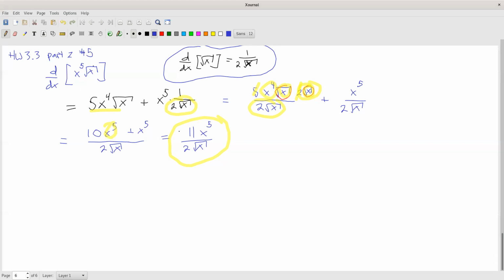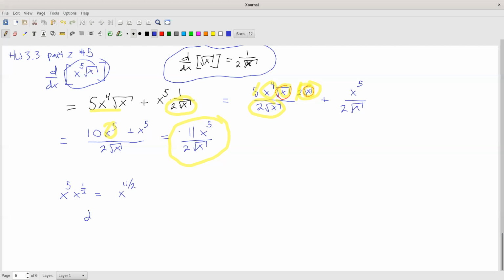And I can rewrite this right there, because x to the 5th square root of x is x to the 1/2. If we multiply things by the same base, then we get to add the powers. 5 plus a half is 5 1/2. 5 halves is 11 halves. So that would be x to the 11 halves.